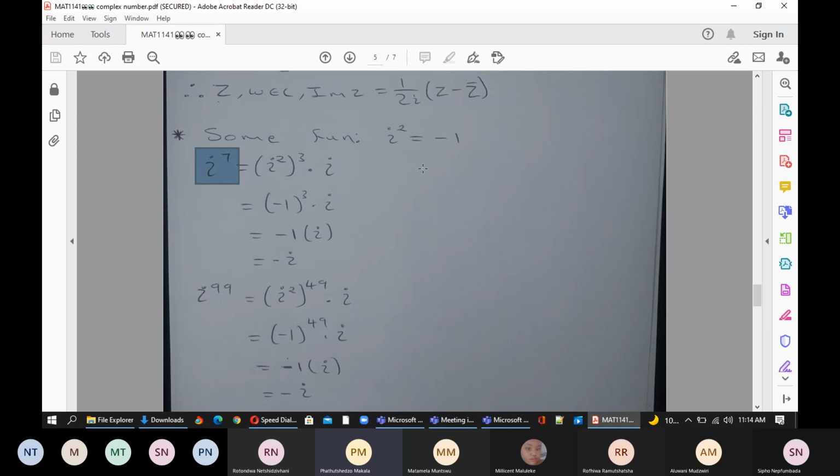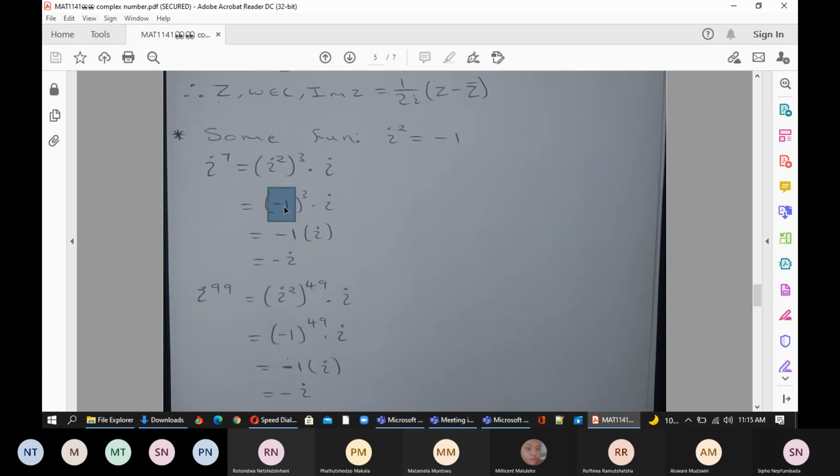Are we still together? So how can we write i to the power 6 using this guy? It's like we're saying 6 divided by 2, which will give us 3. But our 2 will be inside. Our 3 will be outside. Remember, the law of exponents is 3 times 2, which gives us 6. But we know that this guy is equal to -1.